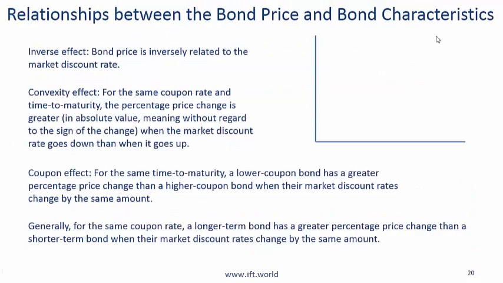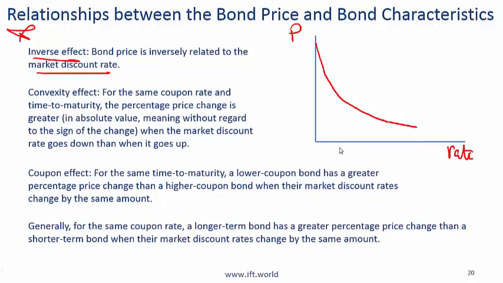Relationships between bond price and bond characteristics, and this material I think is very testable. Inverse effect. A bond price is inversely related to the market discount rate. So if you take the bond price on the y-axis and the discount rate on the x-axis, then for a straight bond, you will have a graph like this.